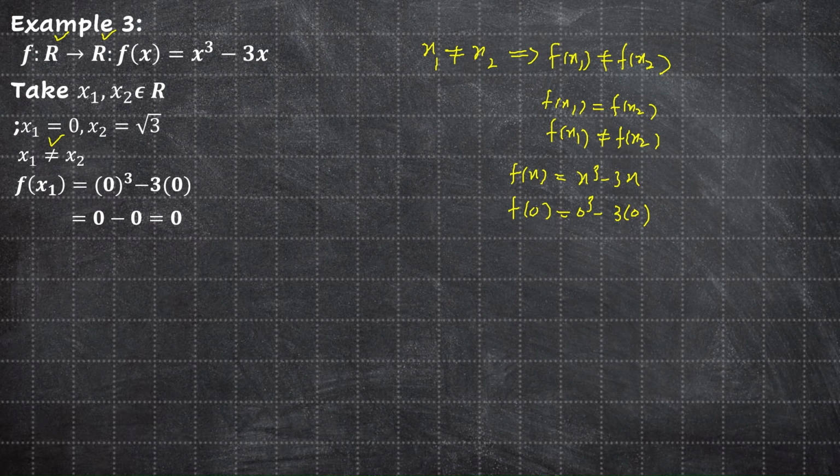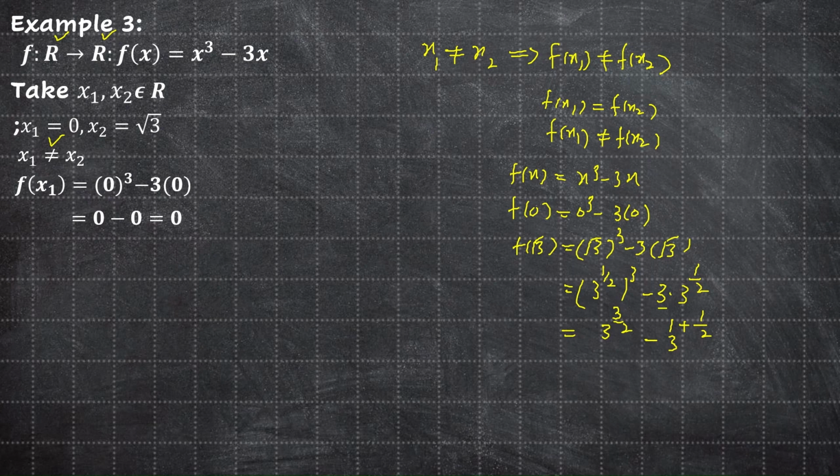Now we find f of x2, that is f of square root of 3, and it will be square root of 3 whole cube minus 3 into square root of 3, and it becomes 3 raised to power 1 by 2 raised to power 3 minus 3 into 3 raised to power 1 by 2, and it gives 3 raised to power 3 by 2 minus 3 raised to power 1 plus 1 by 2.